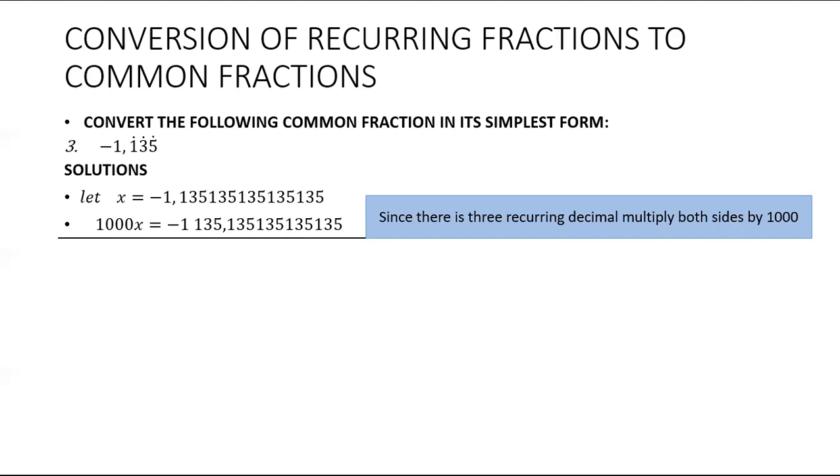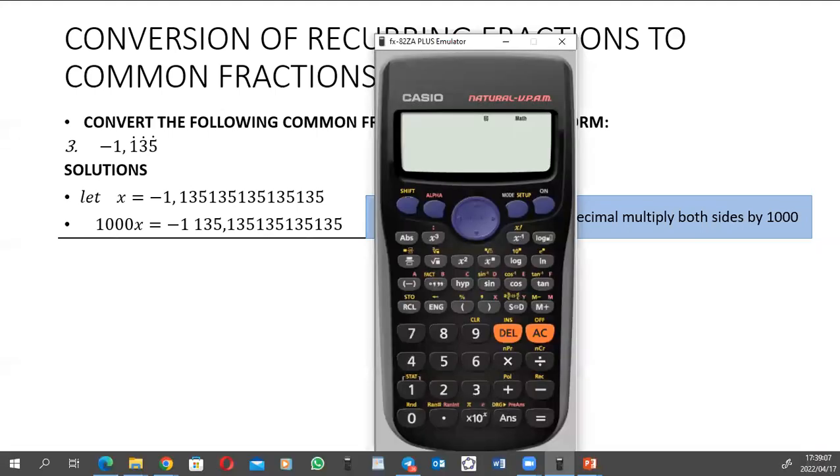On the right-hand side, please note that you are taking negative 1,135, you're minusing negative 1. So when you minus a negative number, please remember it will be positive.